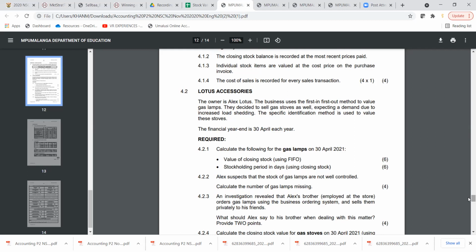Returns are always based on the invoice. Just picture yourself taking something back to the store, they want to see the invoice. So that is why the returns in this question were based on March, because the returns related to March purchases. If the returns related to January purchases, we'd have to use the unit price of January.